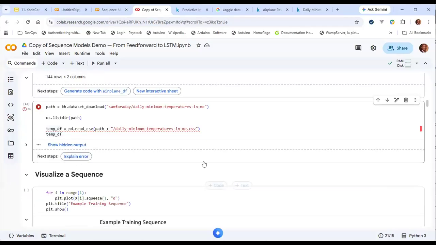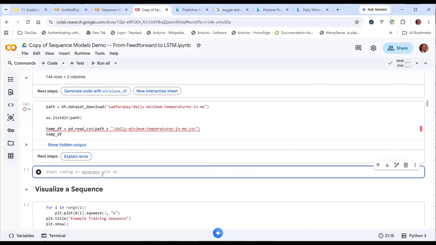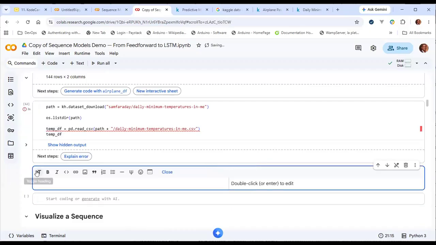So let's go. Here we will generate the sequence. Generate sequence for the plane sequence training data.